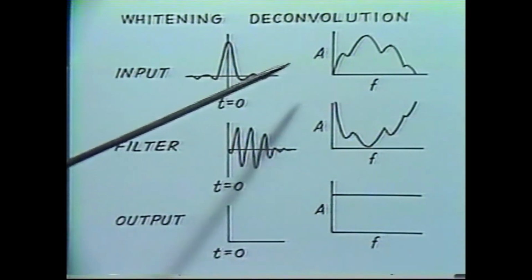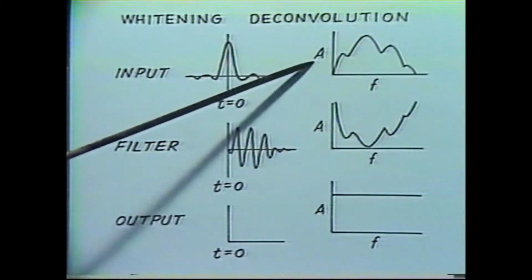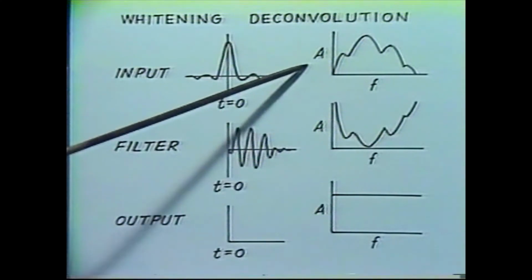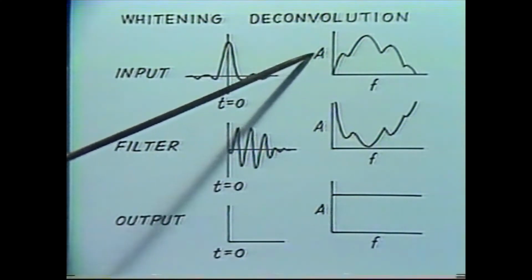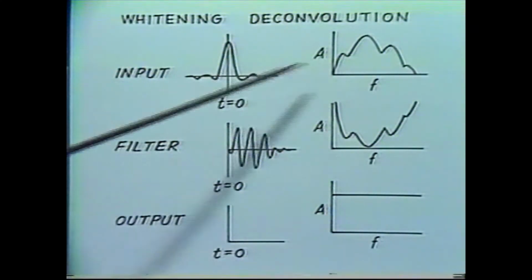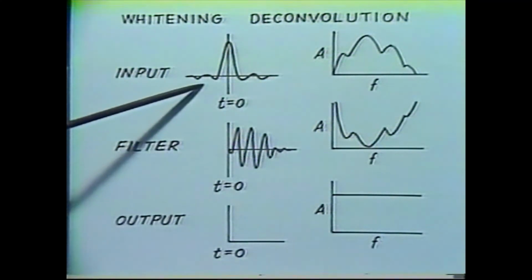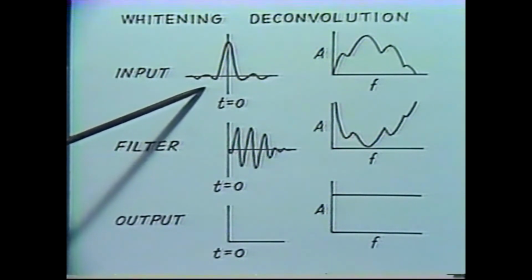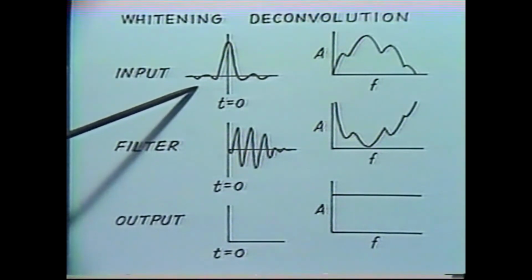In Designature, this amplitude spectrum of the wavelet that we wish to remove was determined from a spectral average over a shot record. In deconvolution, this amplitude spectrum is determined by taking the autocorrelation, which is a condensed time domain representation of the amplitude spectrum of the wavelet.